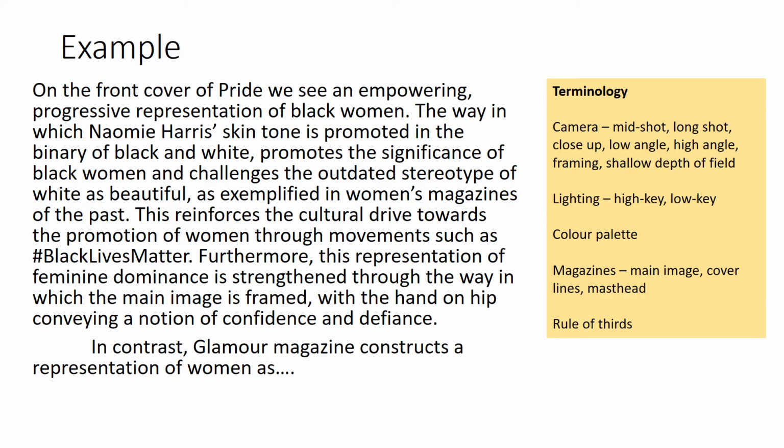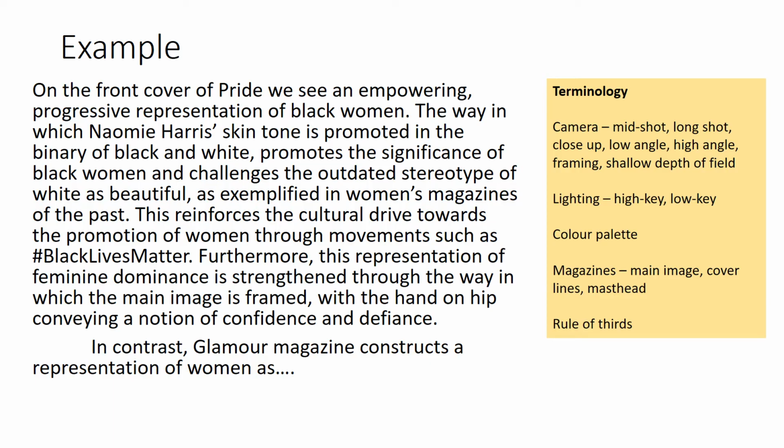So here I've picked out a specific example, which is her skin tone and its contrast with the white background, and my analysis is that it elevates her significance and the significance of black women, and I can bring in stereotypes as part of my analysis there.